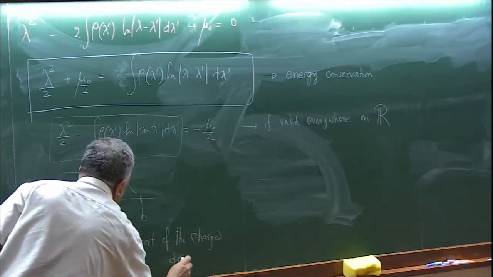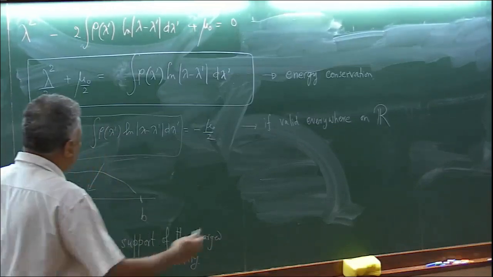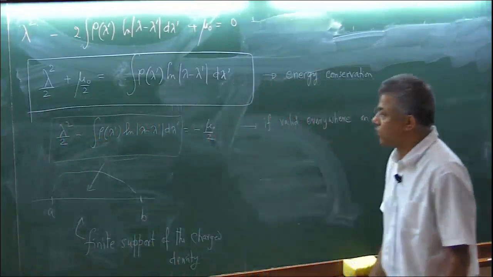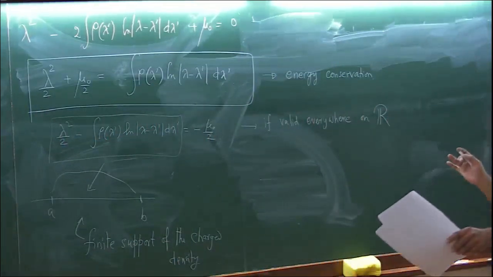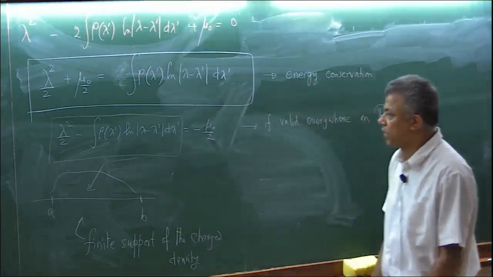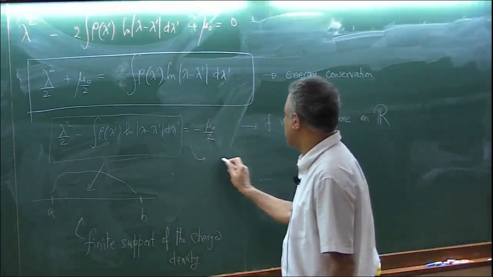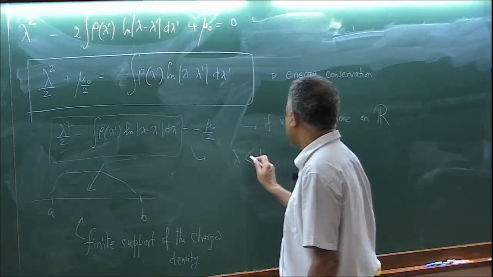We do not know what A and B are for the moment, but we know it has to be over a finite support. We also think it's only one support. It could have been multiple supports, but let's assume for simplicity that it's one. Then this equation will be valid only for lambda between B and A.